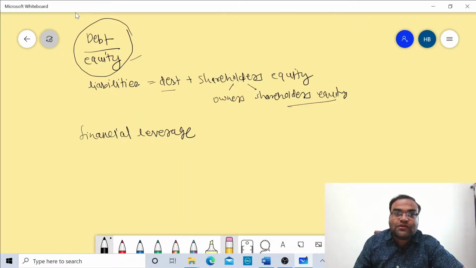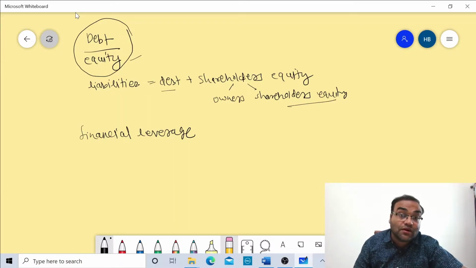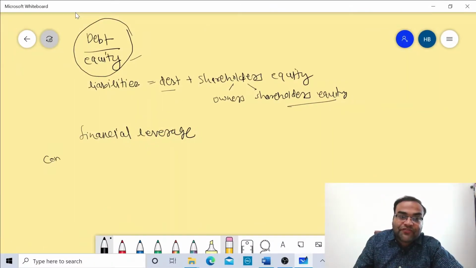This ratio is very significant to assess the ability of the company to run its operations. Therefore whenever you analyze any company, you should always look at the debt to equity ratio of the company.